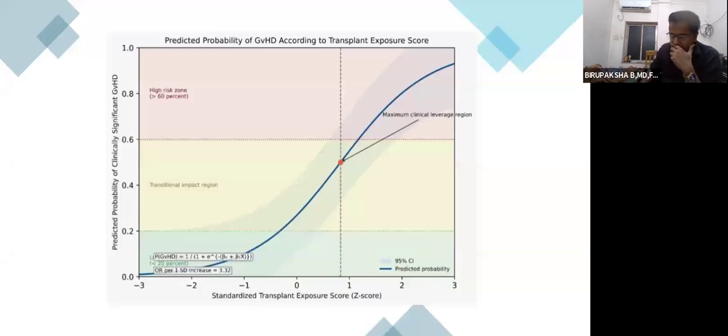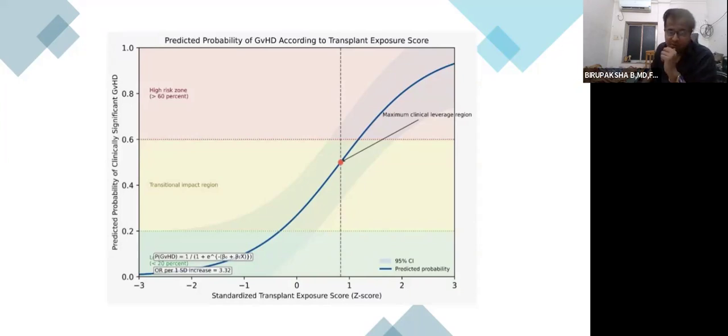Now, if we start with all these strategies, cyclophosphamide, anti-thymocyte globulin, and all the rest that I've discussed, if we start at this point, the probability of GVHD comes down by 50%. 50% is a big term.